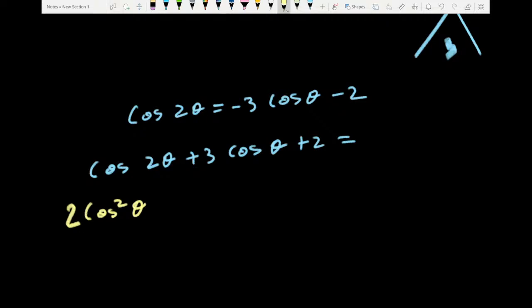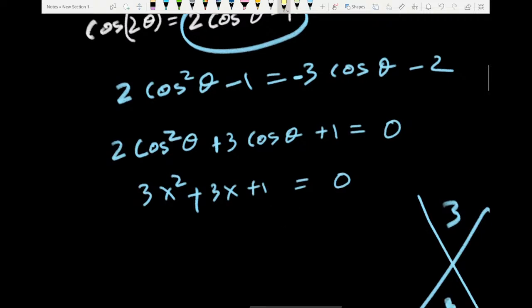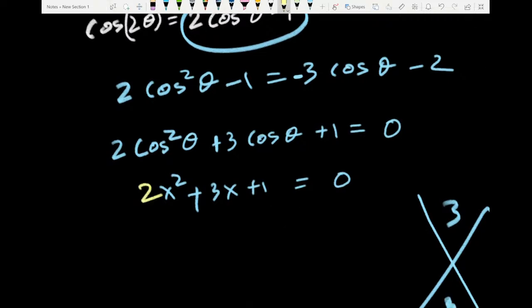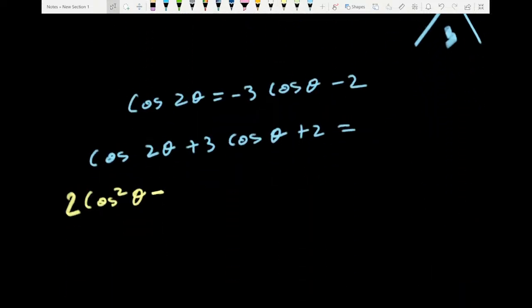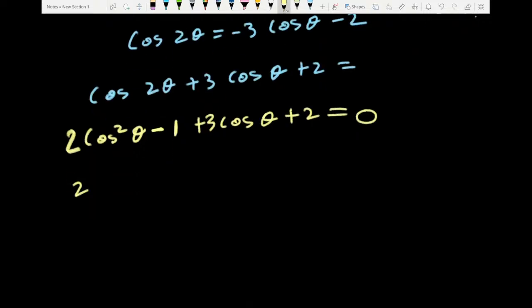Two cosine square of theta. Oh, what am I doing? Why did I put 3 over here? That's 2. Minus 1 plus 3 cosine of theta plus 2 equals 0. Now that makes more sense. 2 cosine square of theta plus 3 cosine of theta plus 1 equals 0.